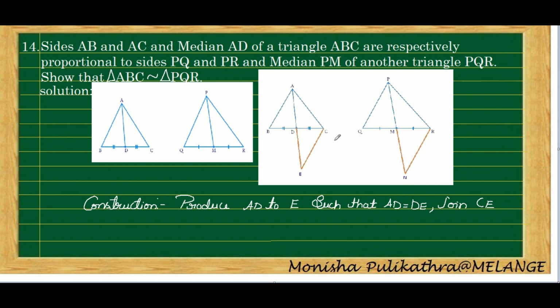Okay, this is the construction for the first triangle, that is, produce AD to E such that the lengths of AD and DE are equal, and then join CE.